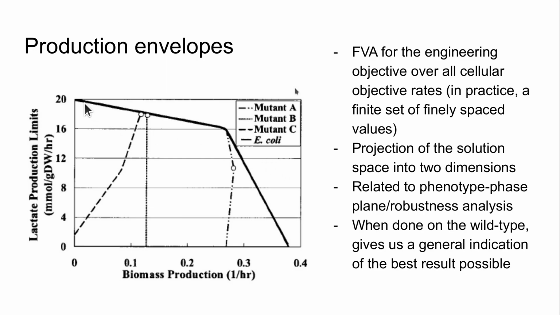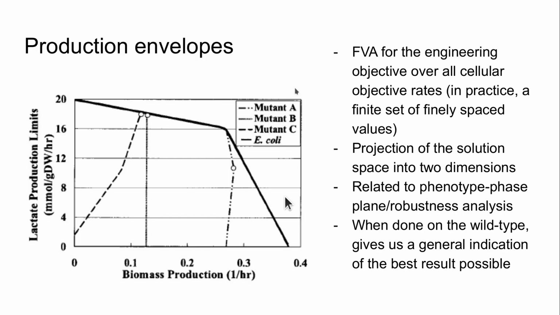In practice, that is not the best way of doing it. Essentially, what you will do is scan over the biomass production, and then for each possible value of this, you're going to do FVA on your engineering objective reaction, and that will give you, for that specific rate, an upper and a lower bound.